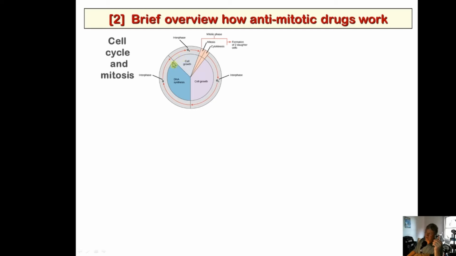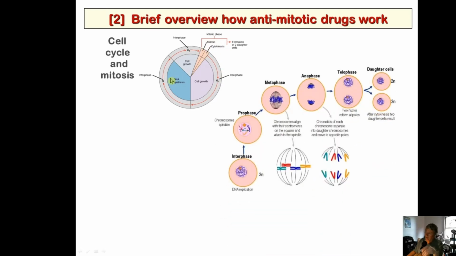And then there's another phase called G2, which is another cell growth phase. So it goes from G1 to S to G2. At that point, mitosis is initiated, and this will split the cell into two daughter cells, and then they basically go around in a circle.